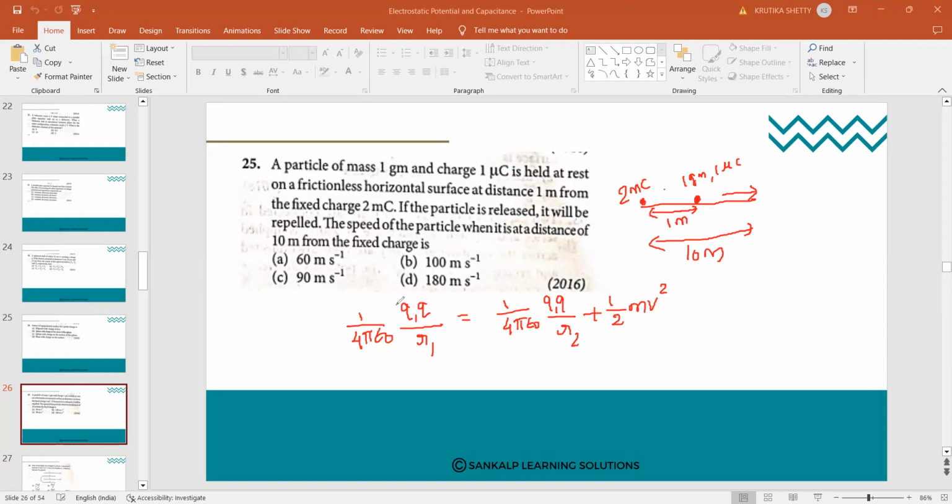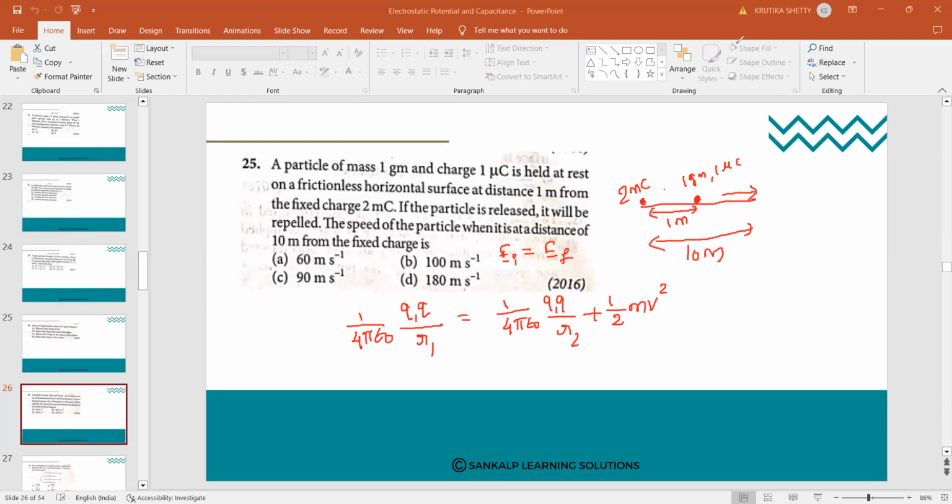So 1/4 pi epsilon naught q1 q upon r1 is the energy in the beginning, before the motion. After the repulsion, 1/4 pi epsilon naught q1 q by r2 is the energy, plus kinetic energy since it is moving.